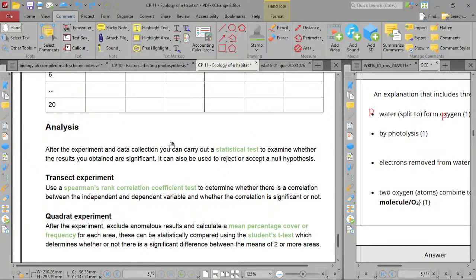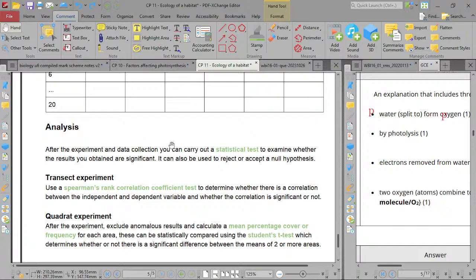But analysis-wise, you're going to carry out a statistical test to determine whether the results you have obtained are significant. In other words, you're rejecting or accepting a null hypothesis. Transect experiment is using a Spearman's rank correlation coefficient to determine whether there's a correlation between the independent and dependent variable and whether or not the correlation is significant.